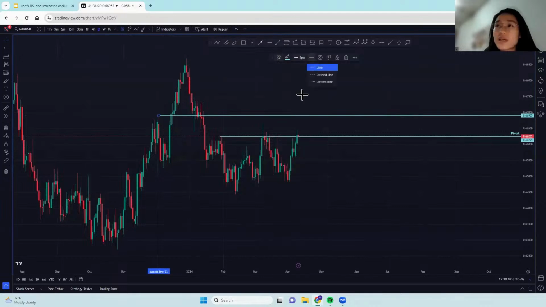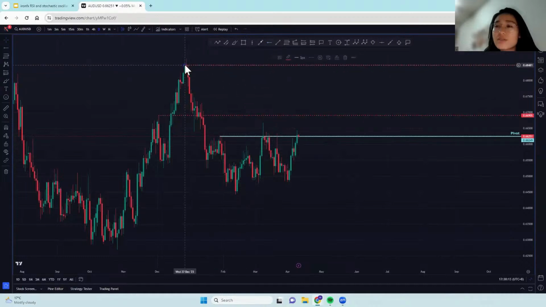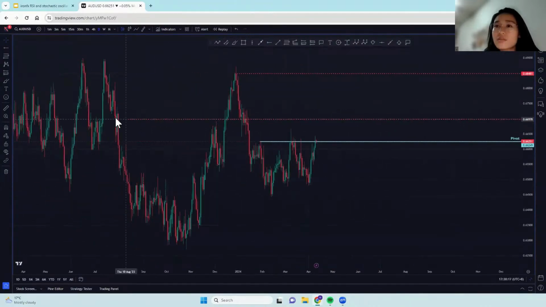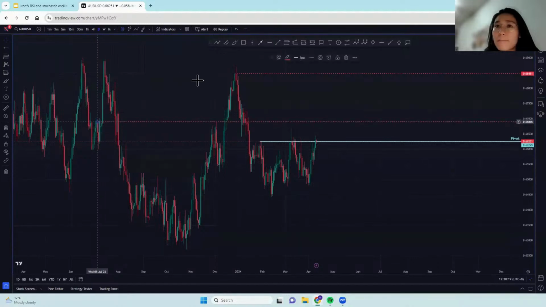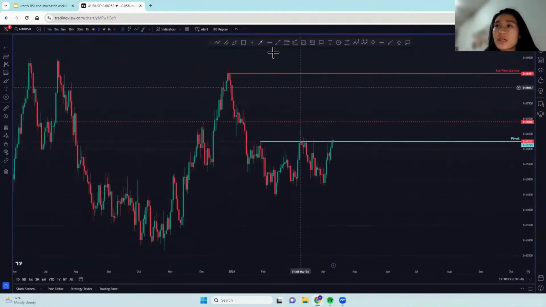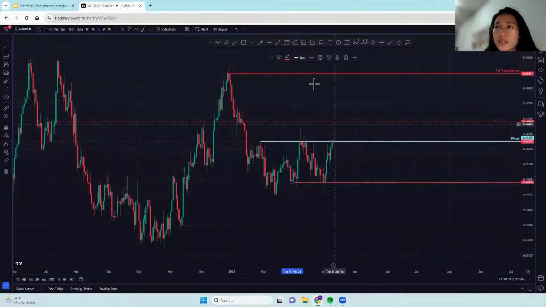I'm gonna label this as an intermediate resistance. And then my first resistance, I'm just gonna place up here.